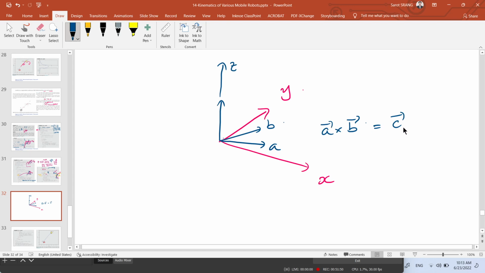So C here only has a z component. Let's say 0, 0, Cz.